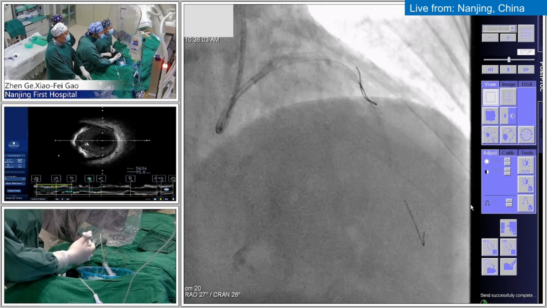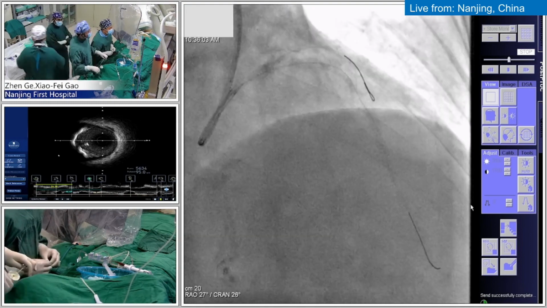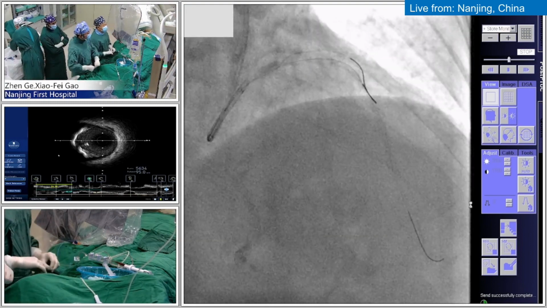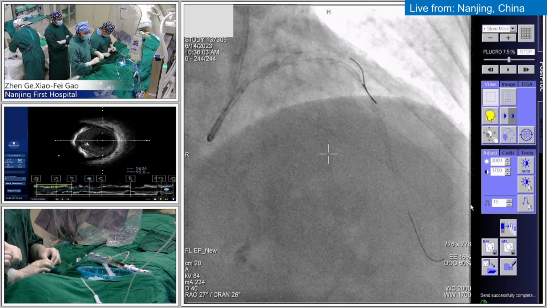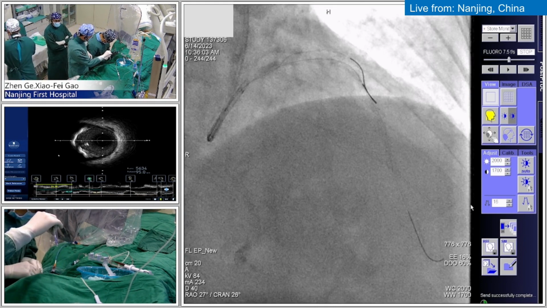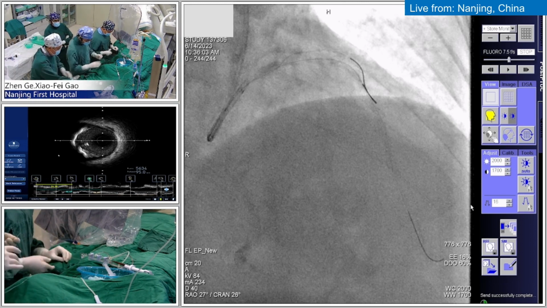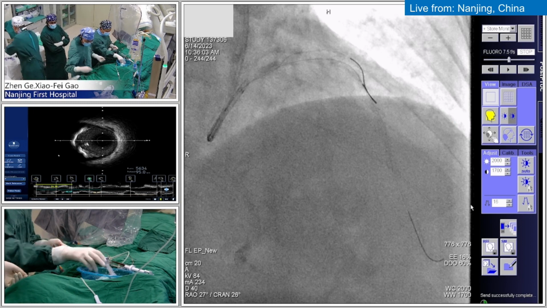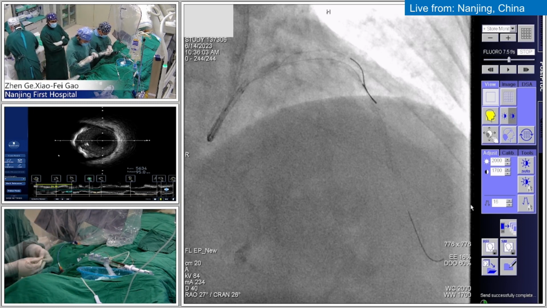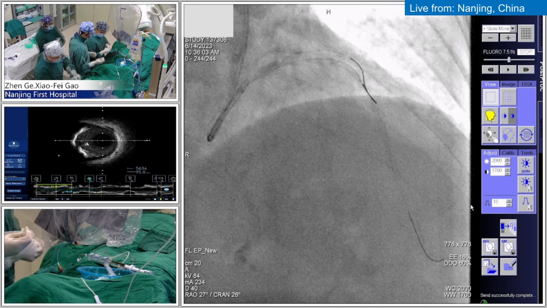So far, we approached a complex bifurcating left main with moderate calcification, considerable angulation and tortuosity. One of the initial intents was that we would be using a rotablator, even considering IVL. But so far it has been relatively straightforward, probably because the calcification was really not that dense, 3 or 4 quadrants.